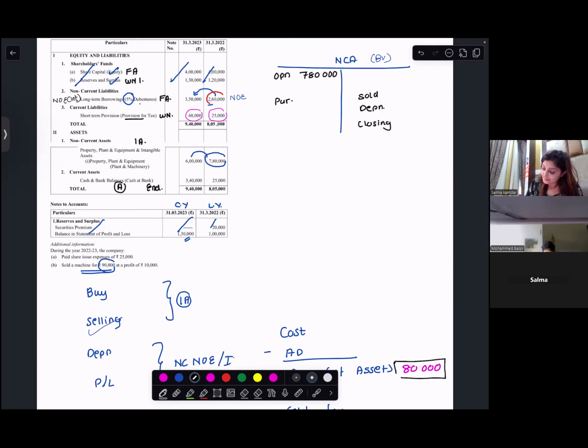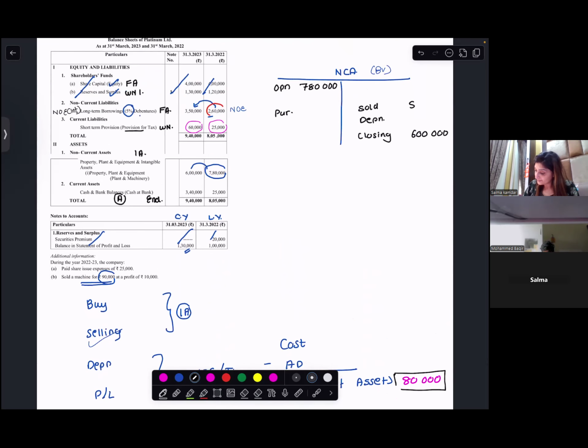Closing value, 6 lakh. Sold book value, 80,000. No information about purchase given to you. So whatever will be the balancing figure would be your depreciation. This is 780,000 minus 680,000. 100,000 is your depreciation.